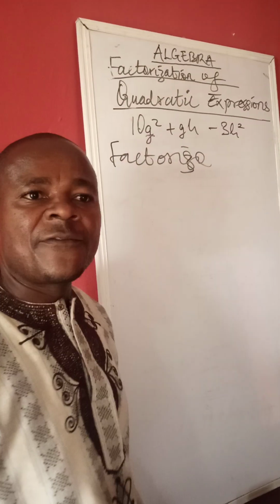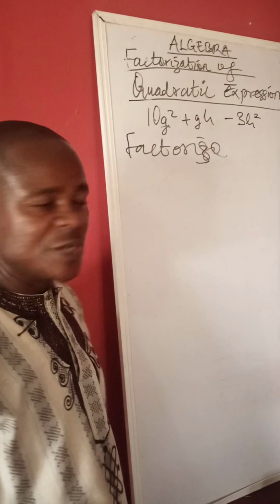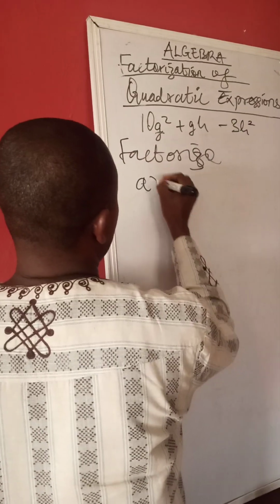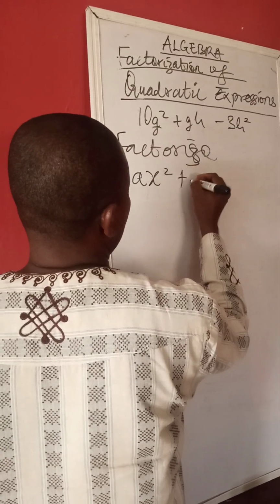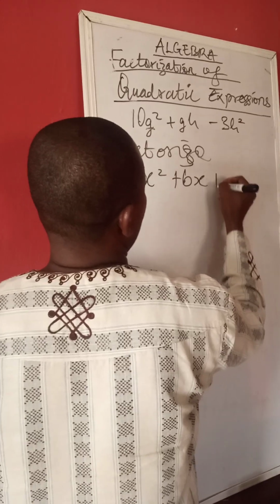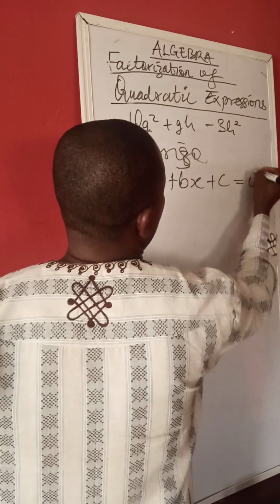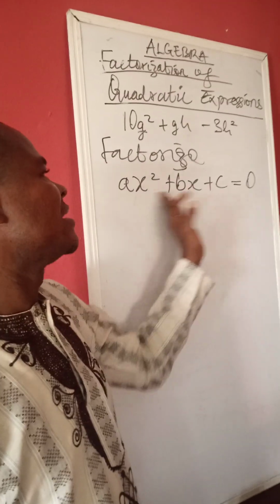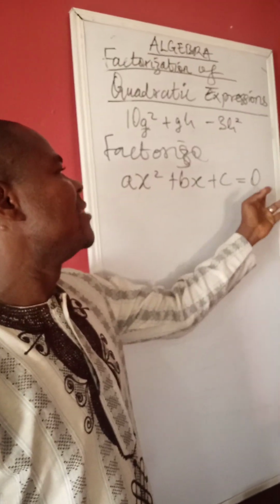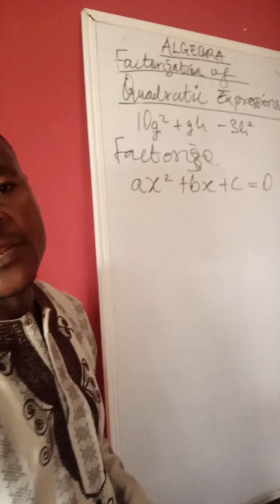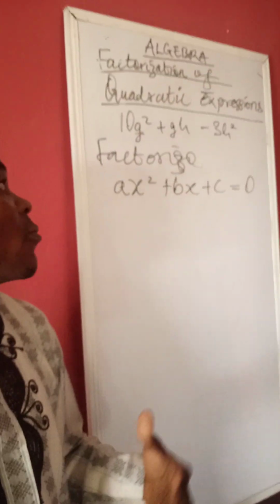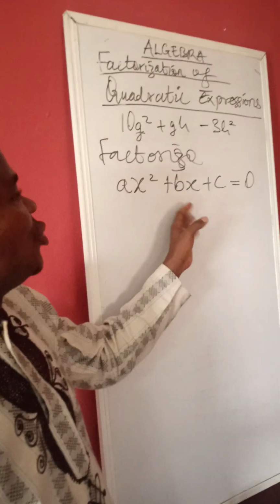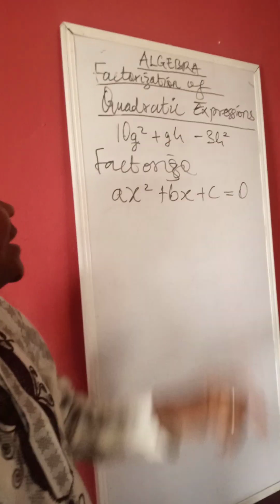Recall the general form of quadratic equations, where you have ax squared plus bx plus c always equal to 0. When we equate the quadratic expression to a value, once you introduce an equality sign, it becomes a quadratic equation. Otherwise, it will just be a quadratic expression like here.